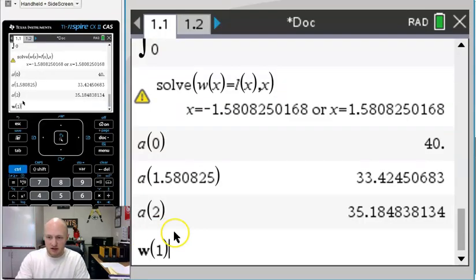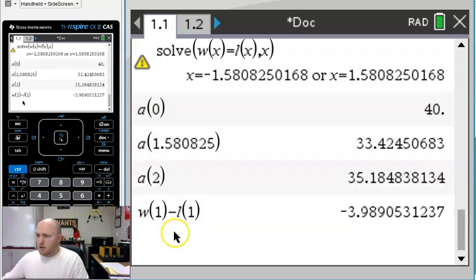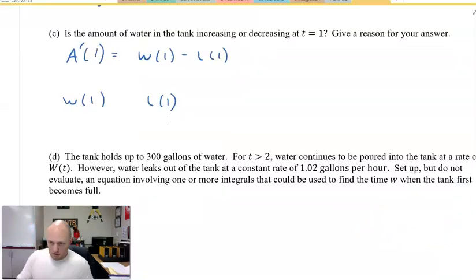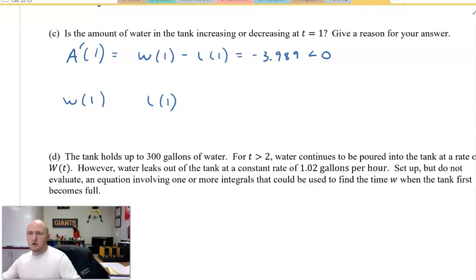Let's go ahead and calculate those. And we get negative 3.989. That's less than 0. So the amount of water in the tank is negative, it's decreasing.